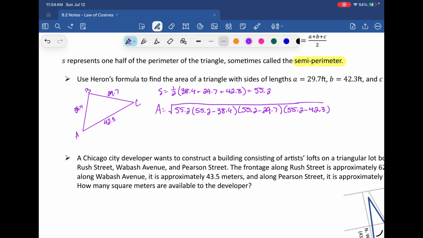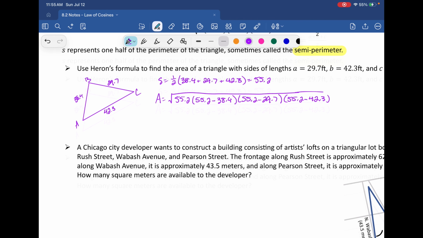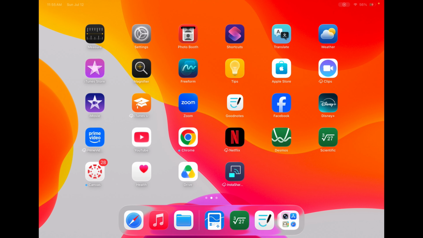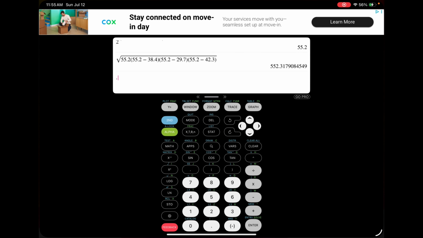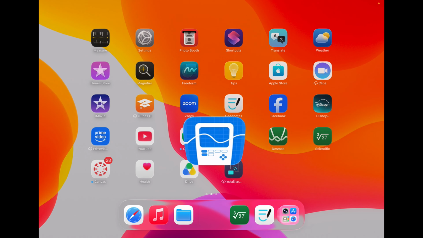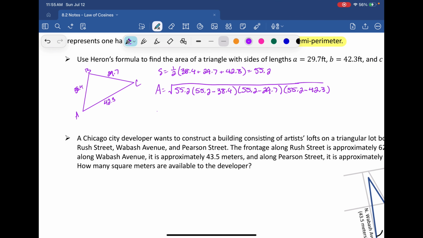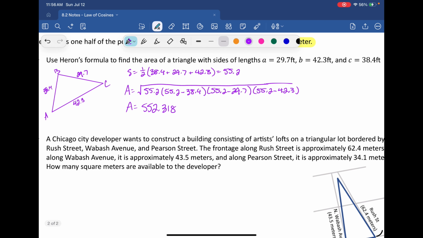Then it goes in your calculator. I've got this giant square root typed in both calculators. Desmos gives 552.318, and in my graphing calculator it looks like 552.318. So area equals 552.318, and that's in feet, so feet squared.